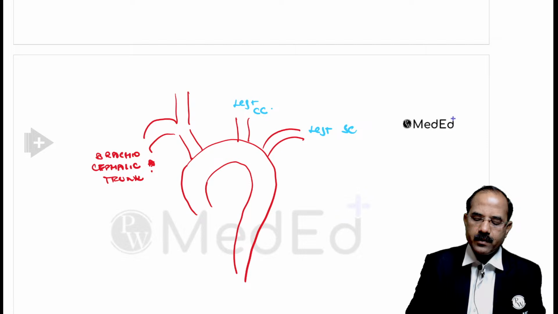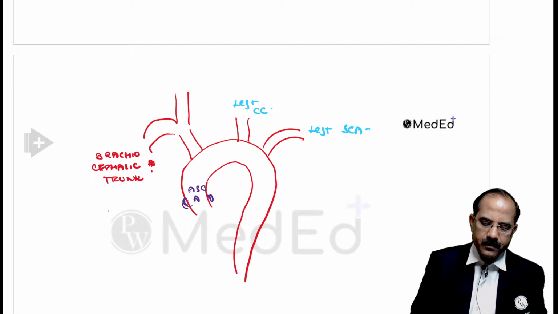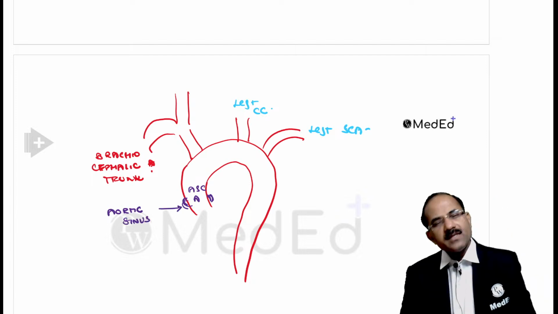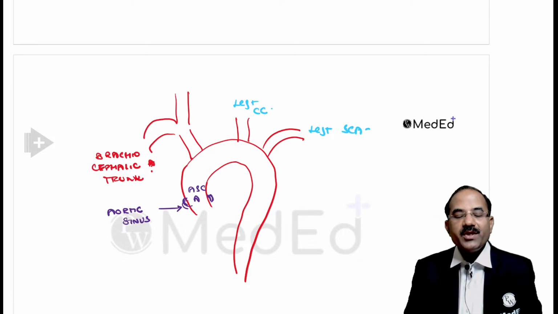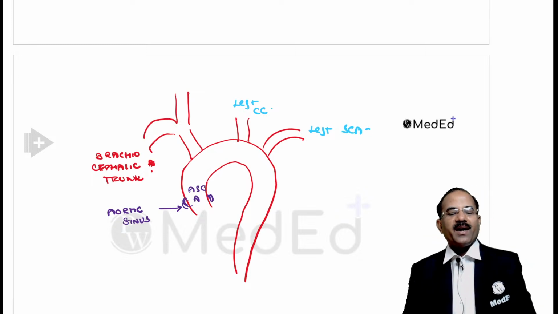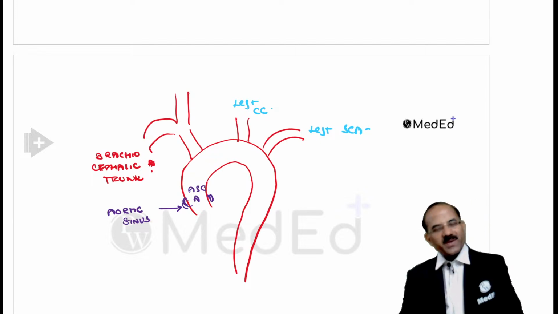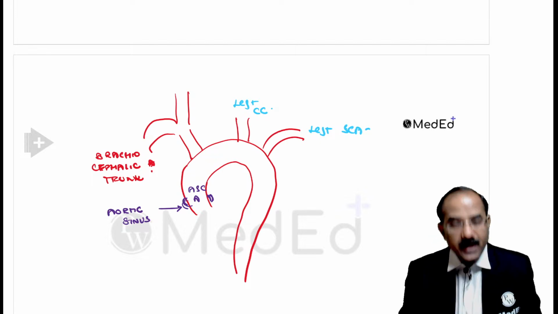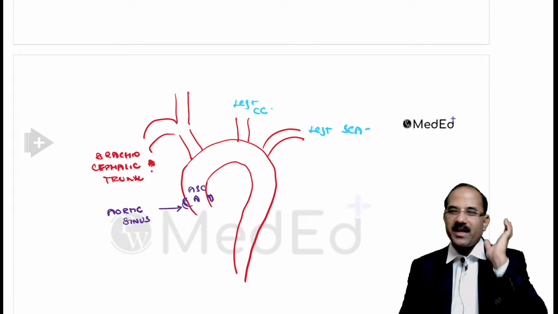The ascending aorta shows two dilatations. What are these dilatations known as? Aortic sinus, and these aortic sinuses will give origin to the left and the right coronary arteries. Very good. So the ascending aorta gives origin to the coronary arteries.